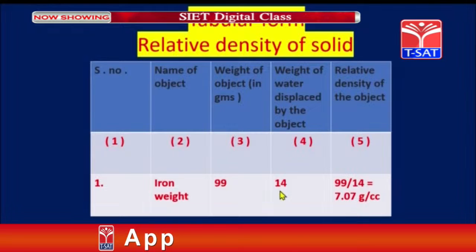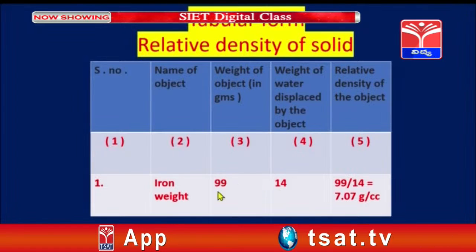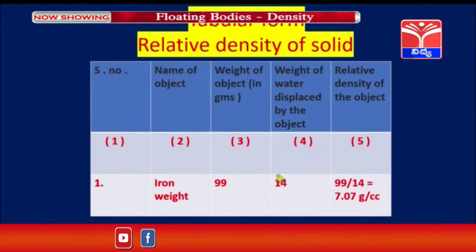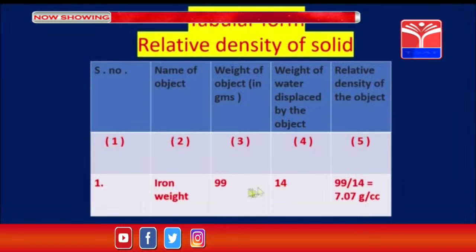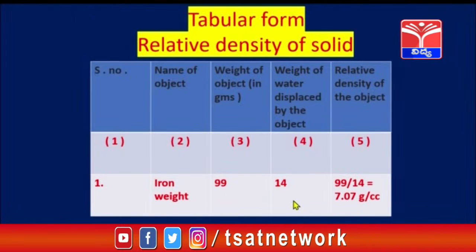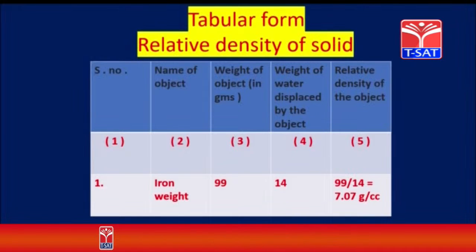So what is the formula for relative density of the object? 99 by 14. Why? The relative density is the weight of the object by the weight of the displaced liquid. So 99 by 14 is 7.07. This is the relative density.